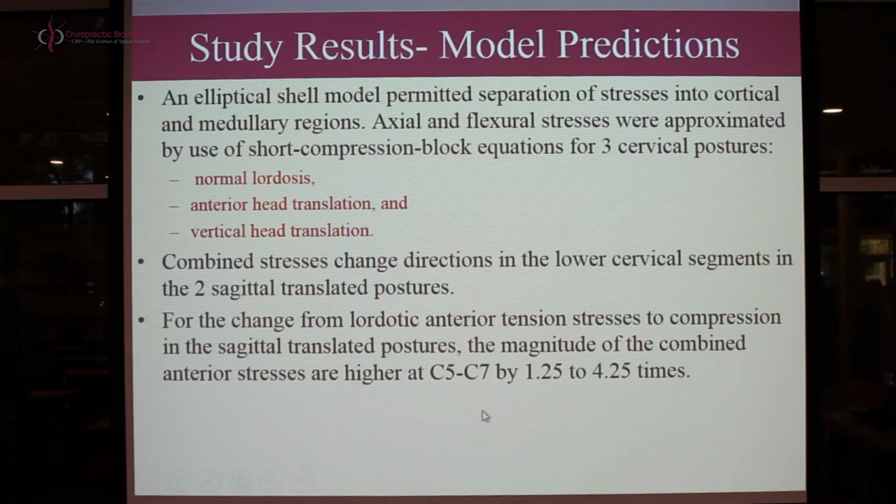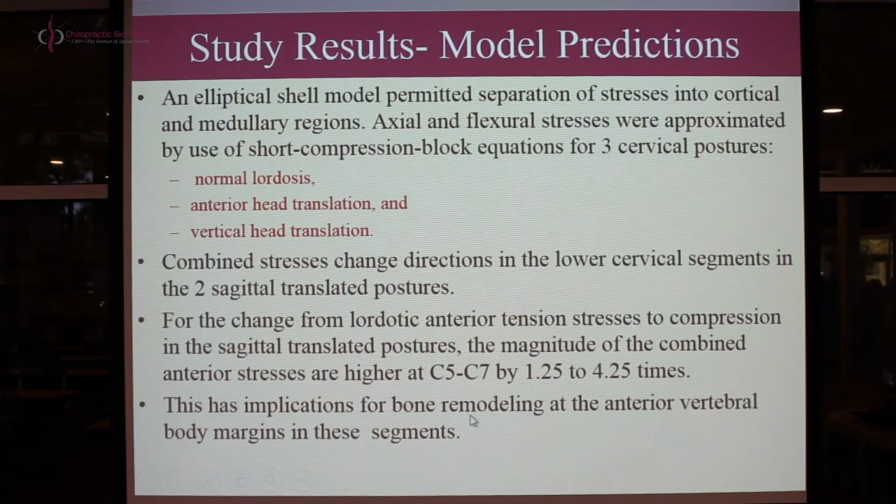Also, not only did the stresses change directions, their load magnitude increased, such that the lower cervical segments, depending on if you were anteriorly translated or vertically translated, the magnitude of the stresses increased by a factor of 1.25 up to 4.25 times what the normal configuration was, as predicted by the model, okay?